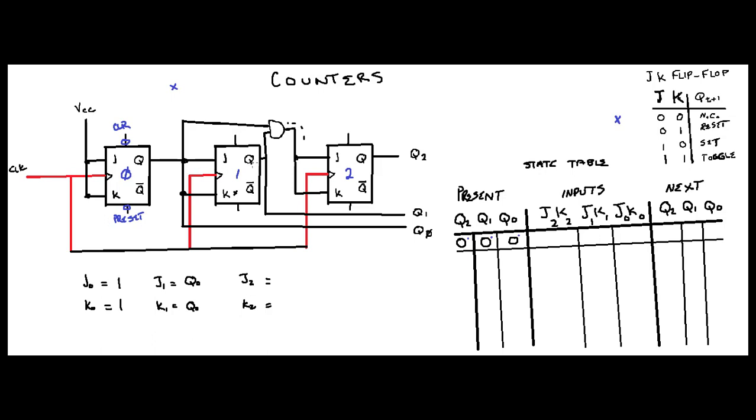You see it? Here's your Q1. Here's your Q0. And both of those are ANDed together. So it's going to be Q0 ANDed with Q1. And since J2 is connected to K2, it's going to be the same thing, isn't it? Q0 ANDed with Q1.